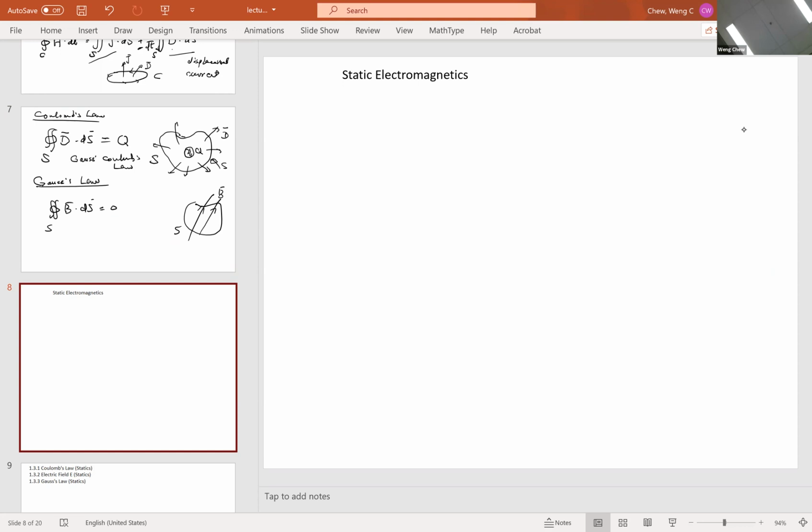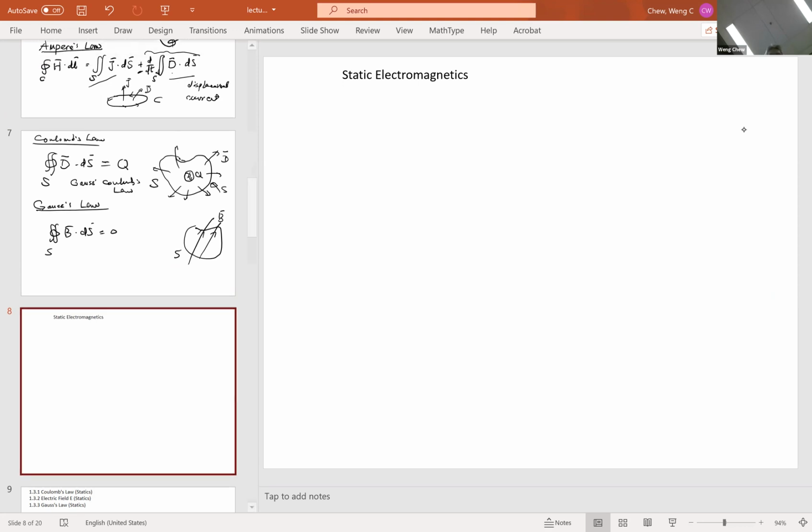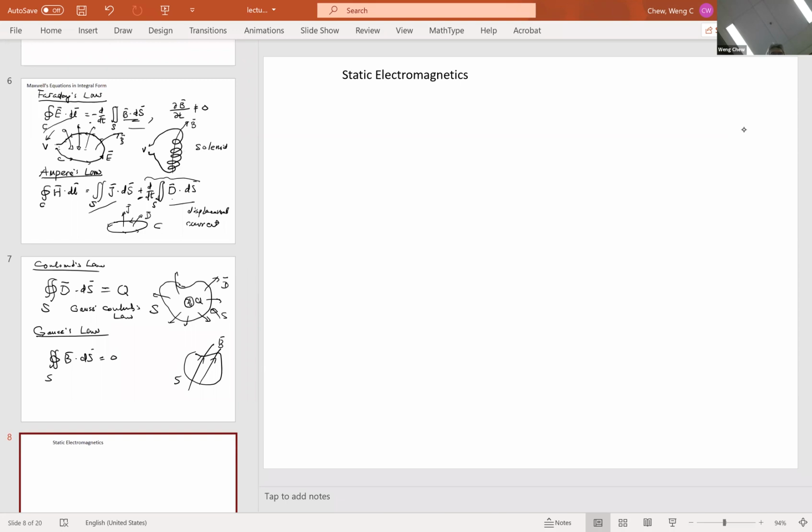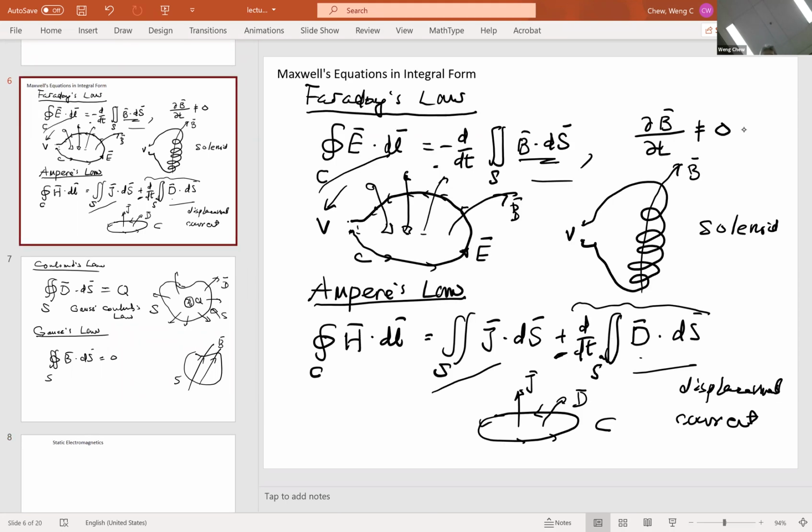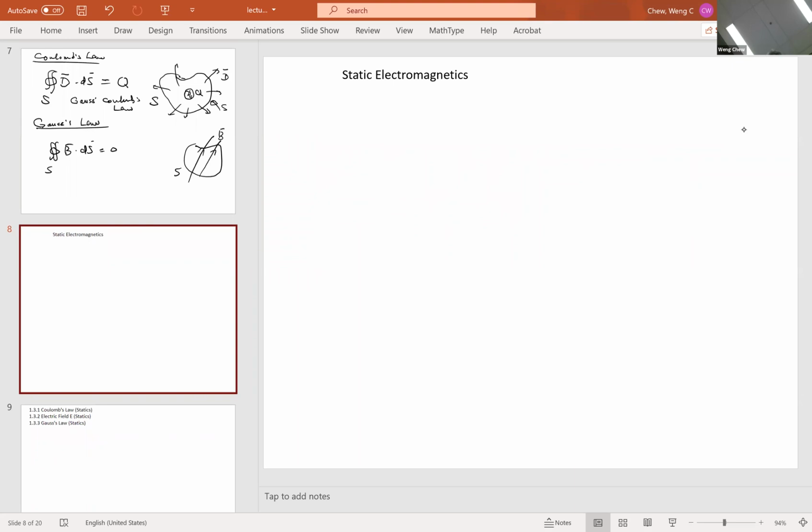If you look at the previous two equations that we have written down, if d/dt goes to 0, this term drops out. This term will have dropped out. This term will become 0 if d/dt equals 0, and in Faraday's law, the right-hand side will drop out. So for static electricity, where d/dt is equal to 0, Faraday's law just becomes this, because the right-hand side is equal to 0.